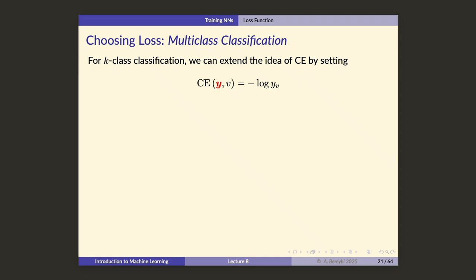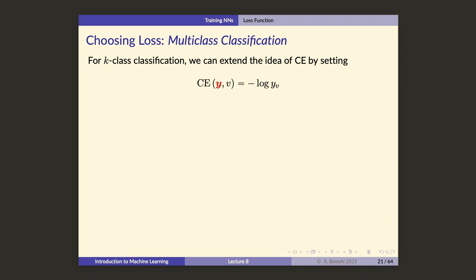And if I want to do that, then essentially I'm going to get the logarithm of 1 over the probability of that class, and that is going to be y_v. Okay, sorry, I wrote it y_k here. This is going to be your loss between your y output and v.